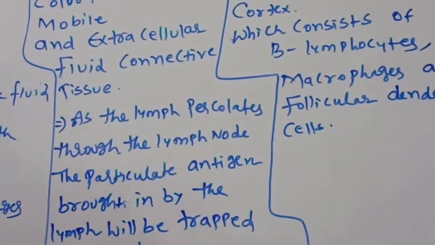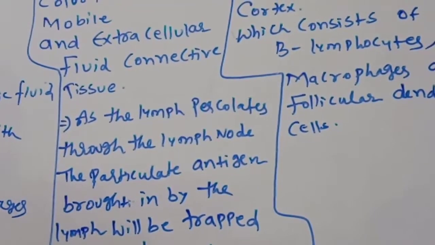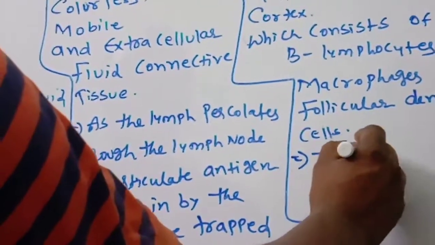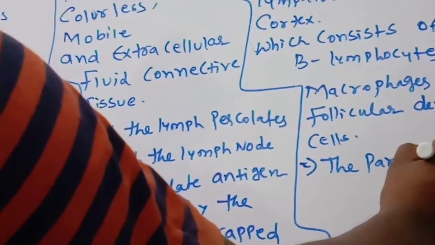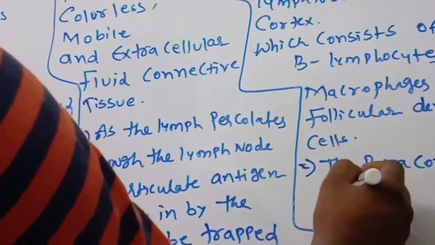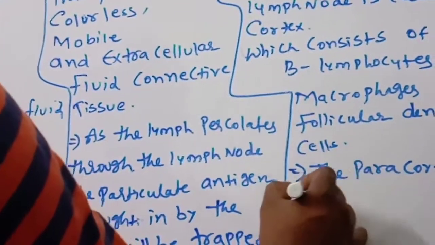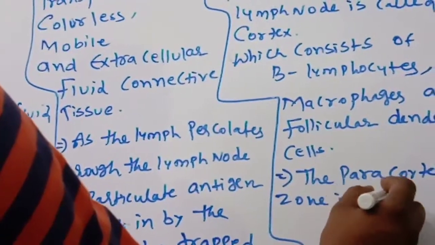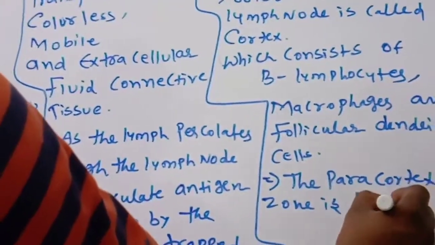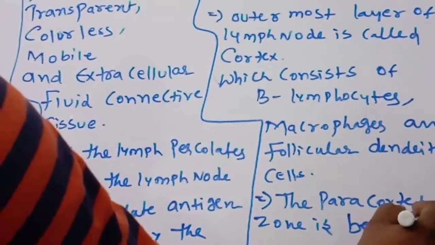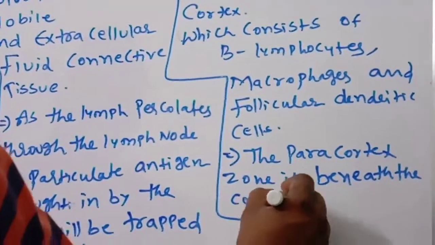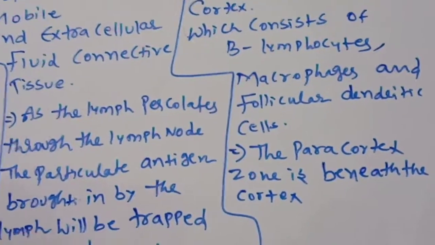Okay children, which is the paracortex? The paracortex zone is beneath the cortex. Okay children, this point is also very, very important.